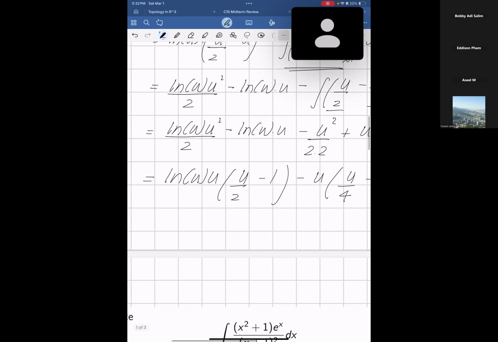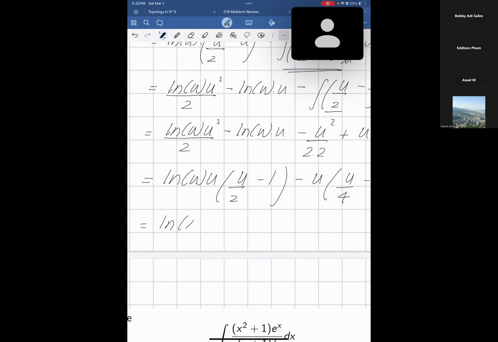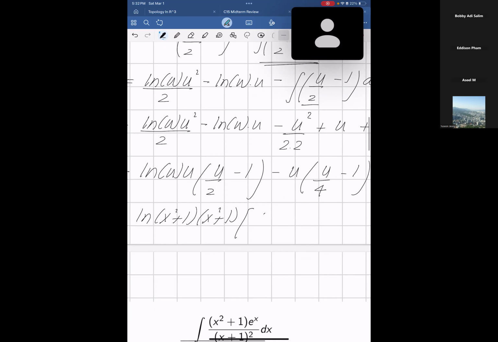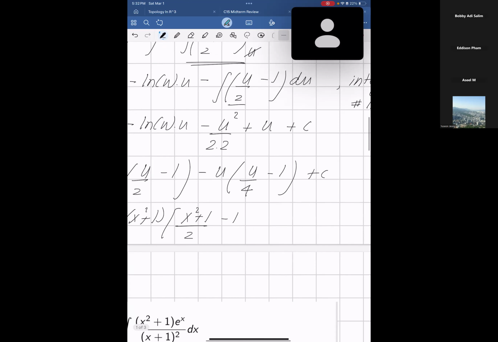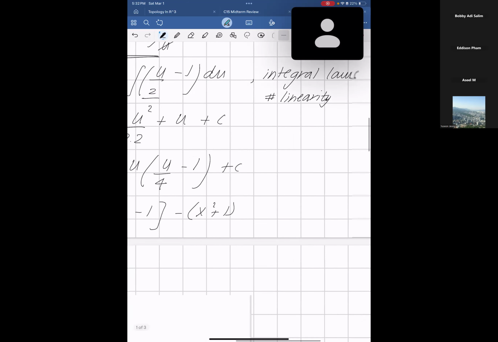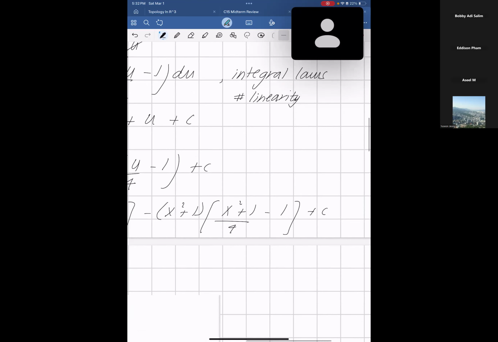And your u is just x squared plus 1, so x squared plus 1 over 2 minus 1, minus x squared plus 1 over 4 minus 1 plus c. Okay.